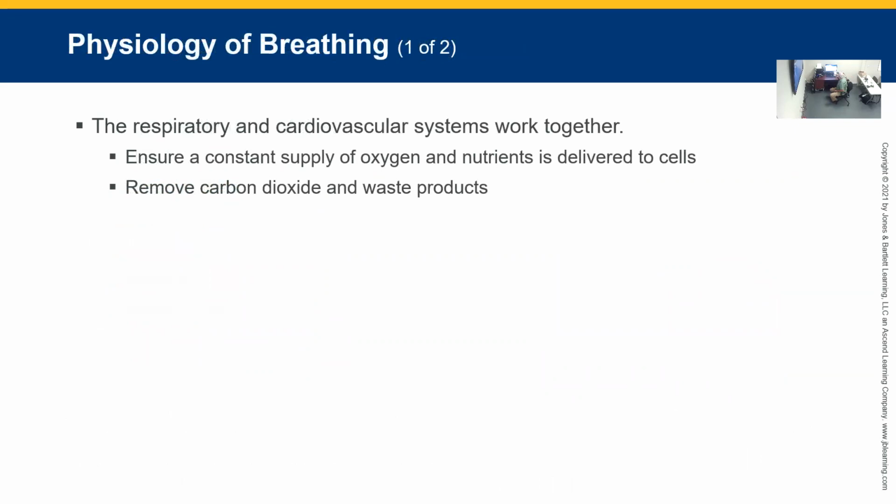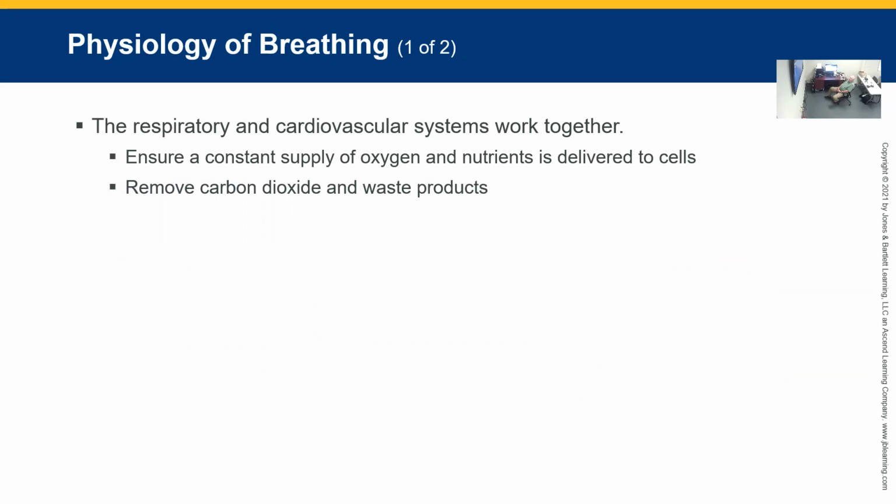All right, very important slide. You have to be able to breathe, and you have to be able to pick up oxygen. You have to be able to offload carbon dioxide. But you also have to have a heart in order to circulate it. The other part that's not really mentioned here is you've got to have blood. The blood carries it.